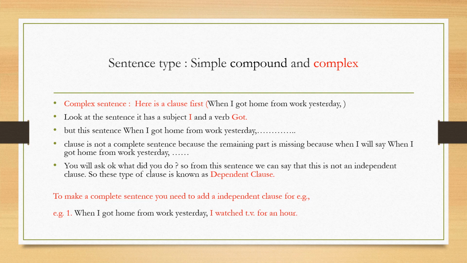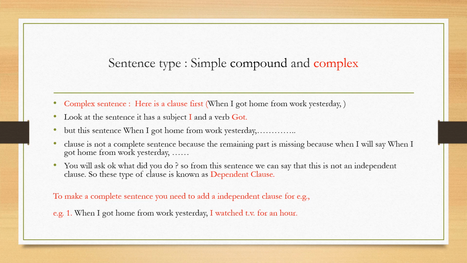Looking at the sentence, it has a subject I and a verb got. But this sentence, when I got home from work yesterday, has something missing. When we read it, we find the sentence is not complete. The clause is not a complete sentence because the remaining part is missing.